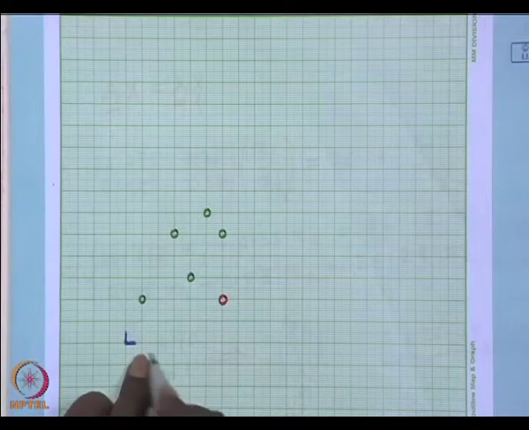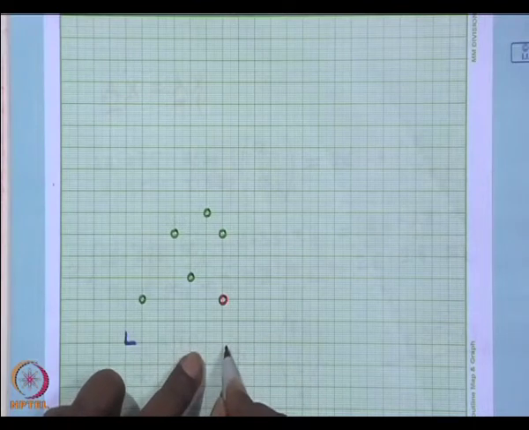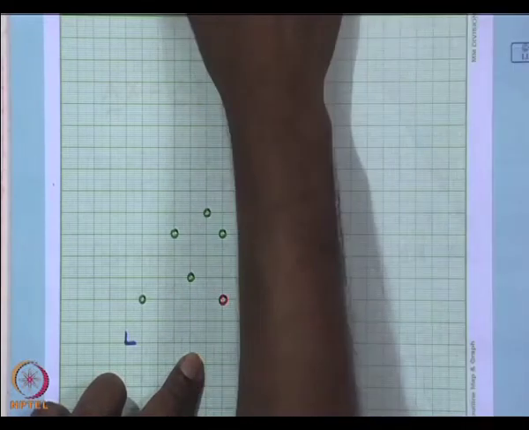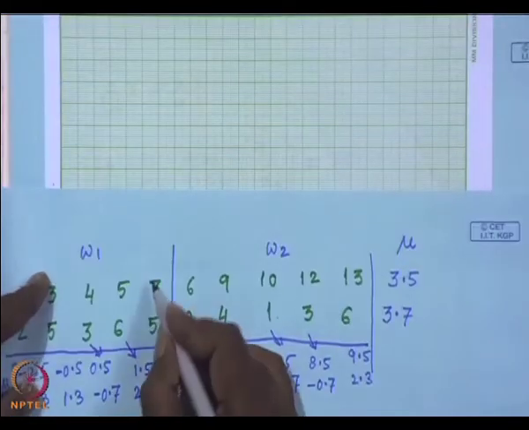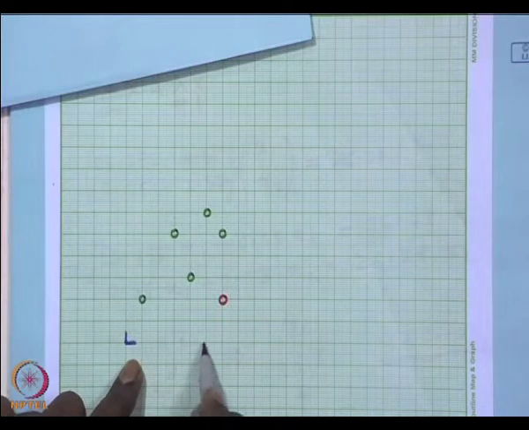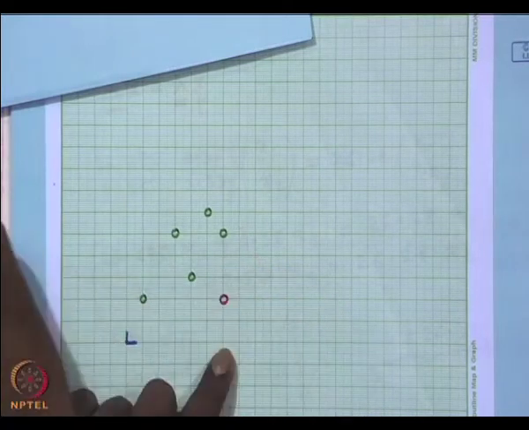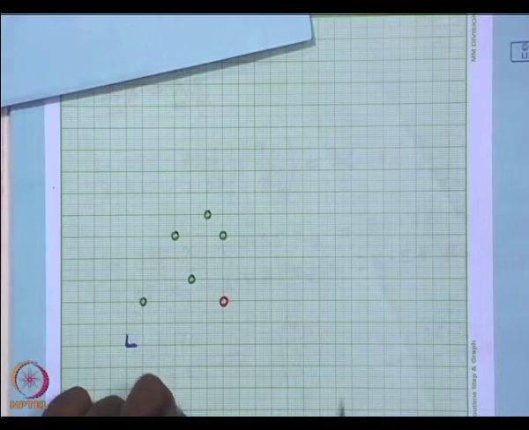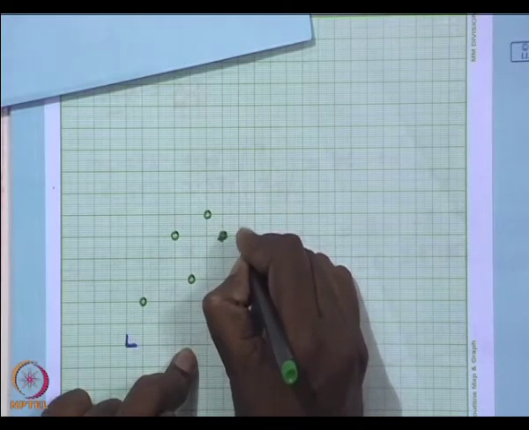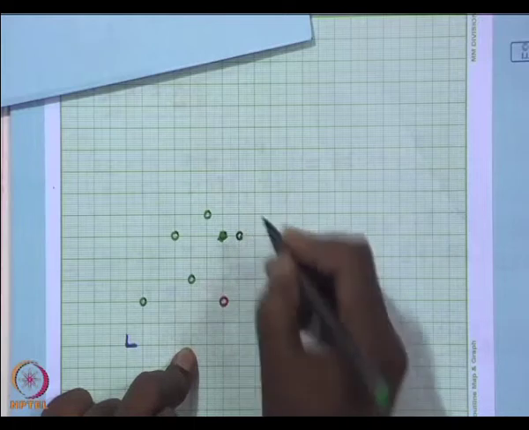Oh, I am sorry. This was 5 6 and the next one was 7 5. 1 2 3 4 5 6 7. So, this one not here, it will come here. Okay.